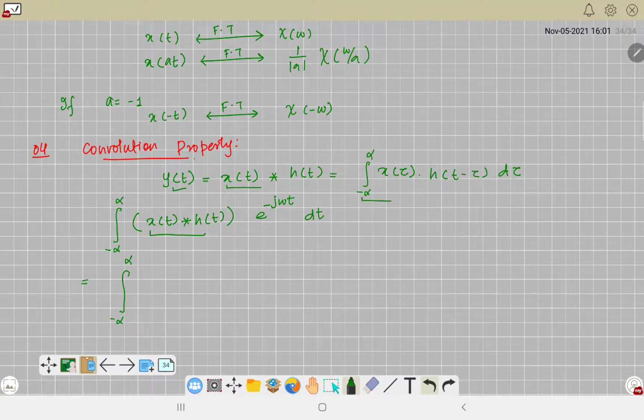This in itself is this integral. So if I substitute it, let me put a bracket, then minus infinity to plus infinity x of tau h of t minus tau d tau, then e raised to the power minus j omega t dt. Fine. So we have two integrals here.